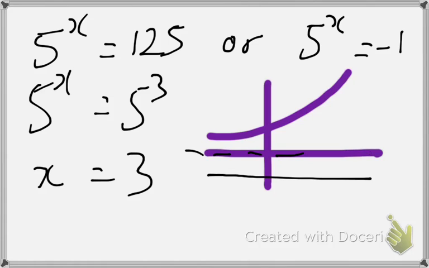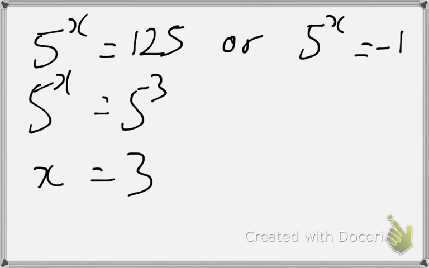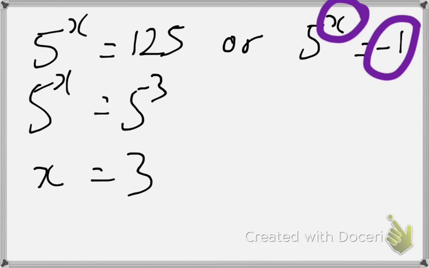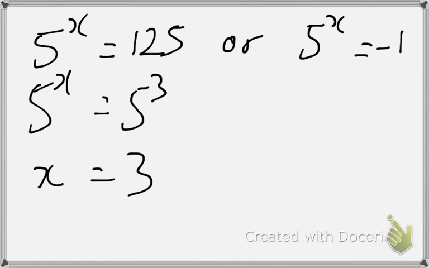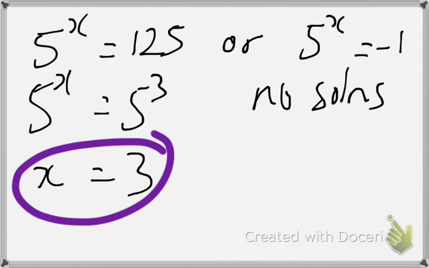In other words, there is no power of x that I can use to give this a negative answer. Therefore, there's no solutions over here. And there's only one answer, and you're done. They are the 3 types of questions you guys will be getting on this topic.